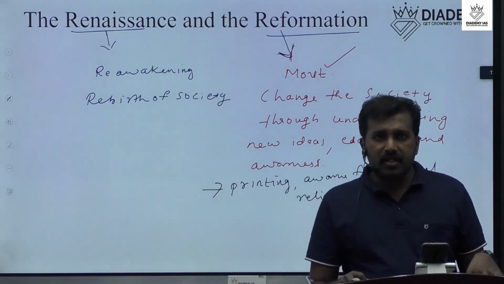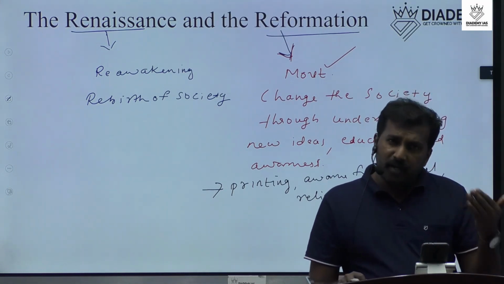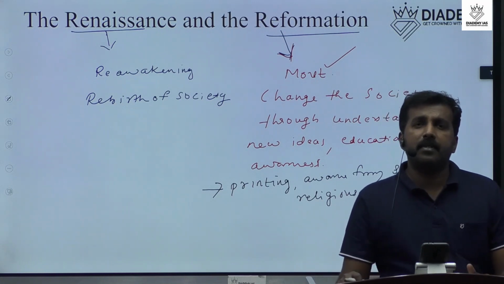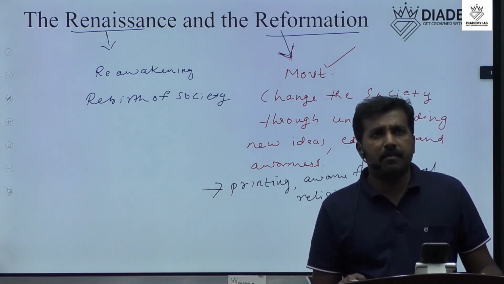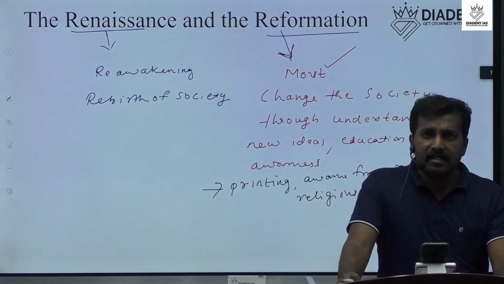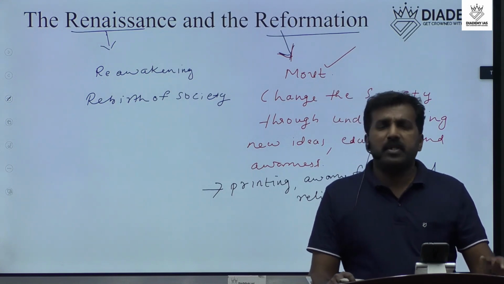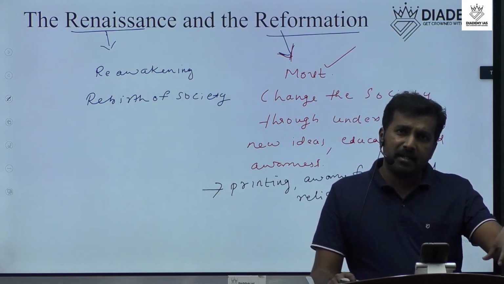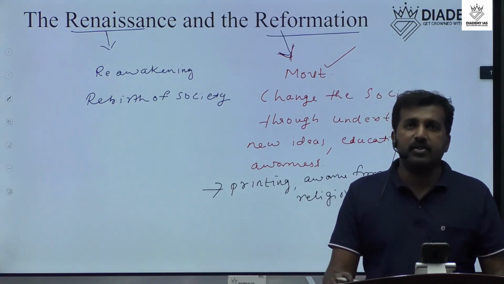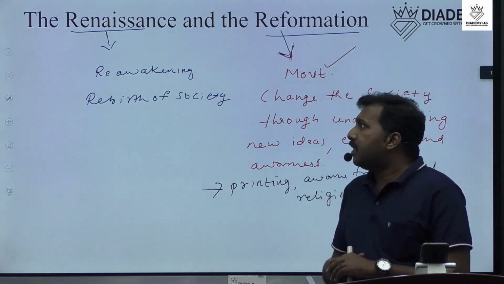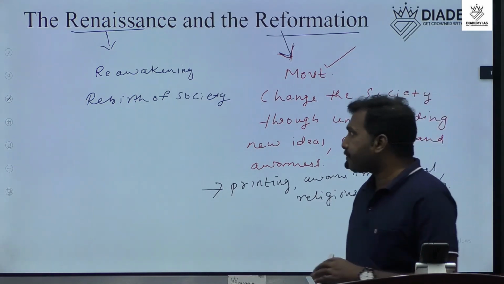And the literature and different literary works were published during that time, and we know that Shakespeare and Wordsworth are important writers of that time. A lot of different writers were there, but the aim was mainly to give awareness to the people. That was the main aim behind Renaissance and Reformation.